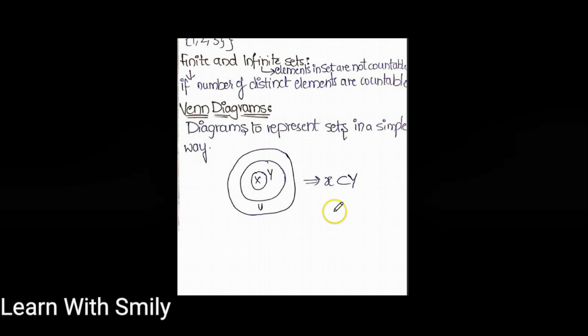Suppose you want to represent that X is a proper subset of Y, which means Y contains the set X. So Y is containing X within a particular universe. Venn diagrams are very easy to explain and make the topic understandable.